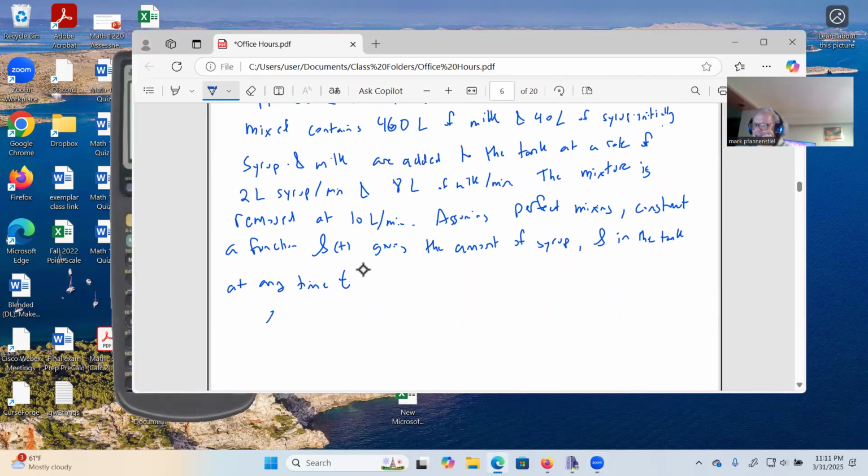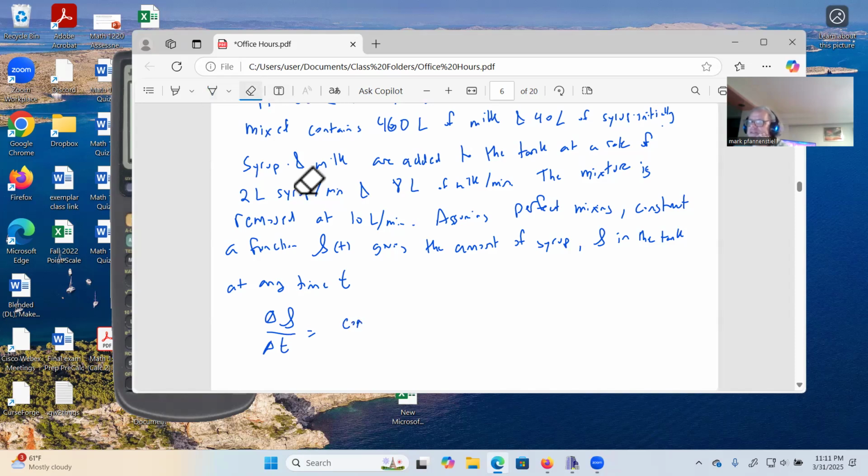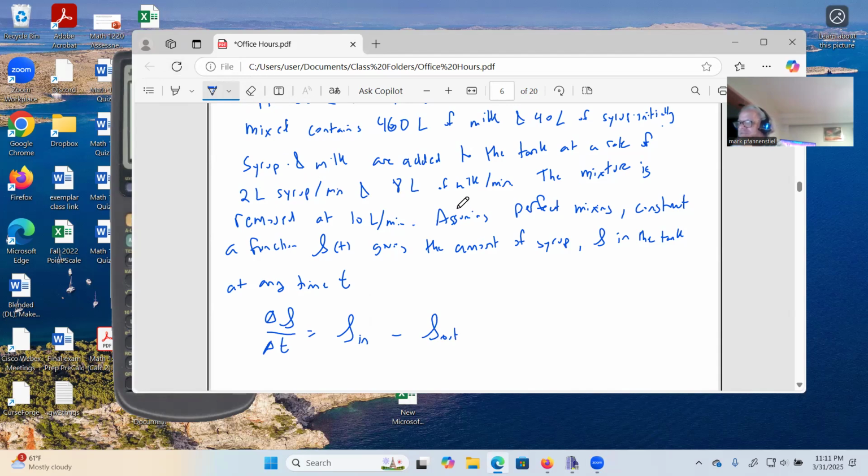So I want the change, that's a capital S. The change in syrup over time is equal to the amount of syrup coming in, so syrup in, minus syrup out. Okay, and that's what we'll figure out for our differential equation.